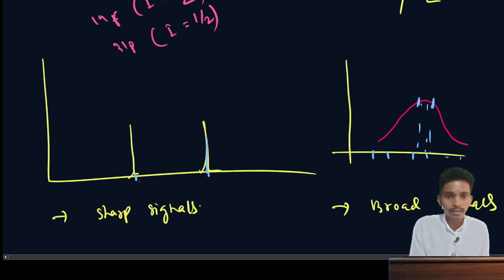If you are getting broad, meaning multiple signals, then how can you distinguish what type of peak it is? And if it is a sharp signal, then we can easily characterize the structure of the molecules.